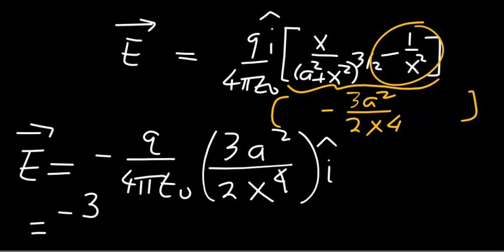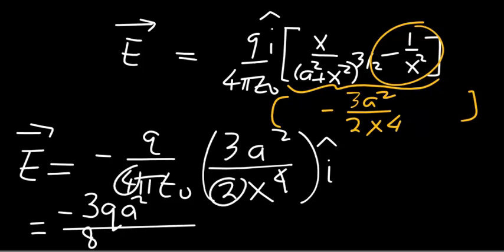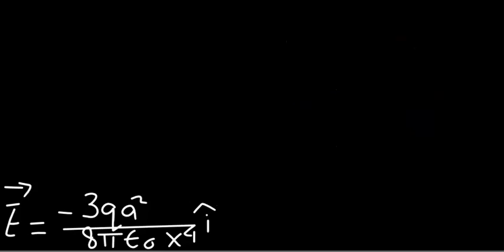Let's simplify it a little bit. Minus 3q a squared over 8 pi epsilon naught x to the power 4 i hat. So that is the expression for the electric field at large distances. The presence of x to the power 4 in the denominator signifies electric field due to a quadrupole.